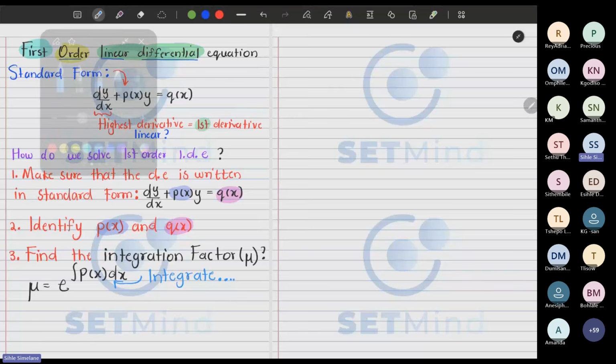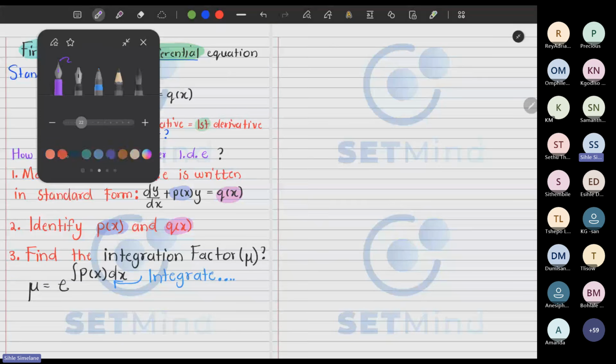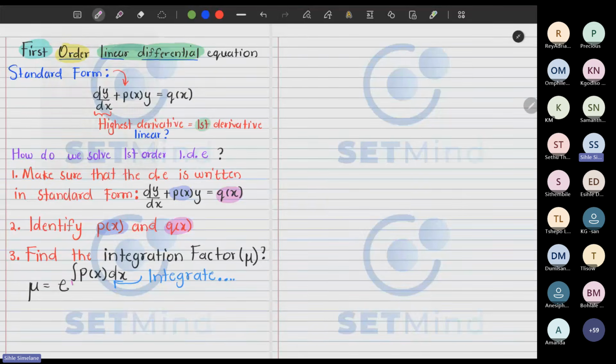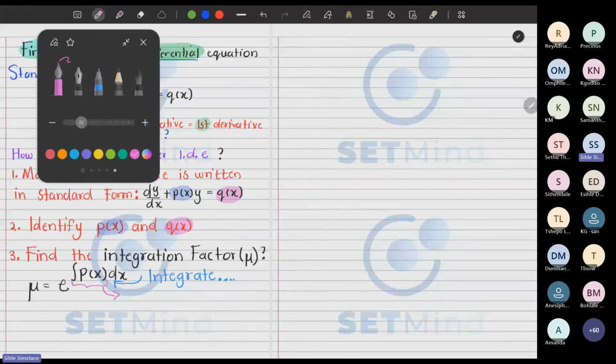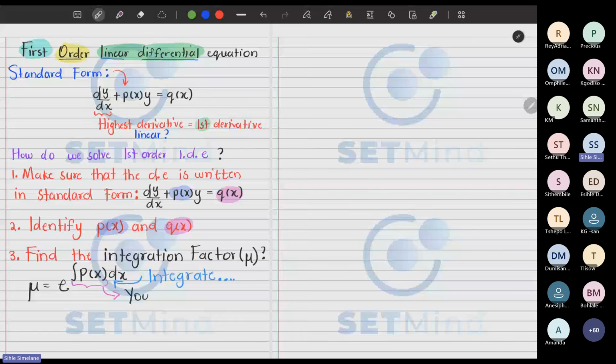So one thing I want to remind you guys, or maybe to make note of, is that when you do this integration here, you do not need to write the plus C. I think first year we were doing that a lot, but just make a note of that. You do not need to write plus C. You will see when we start working out problems.